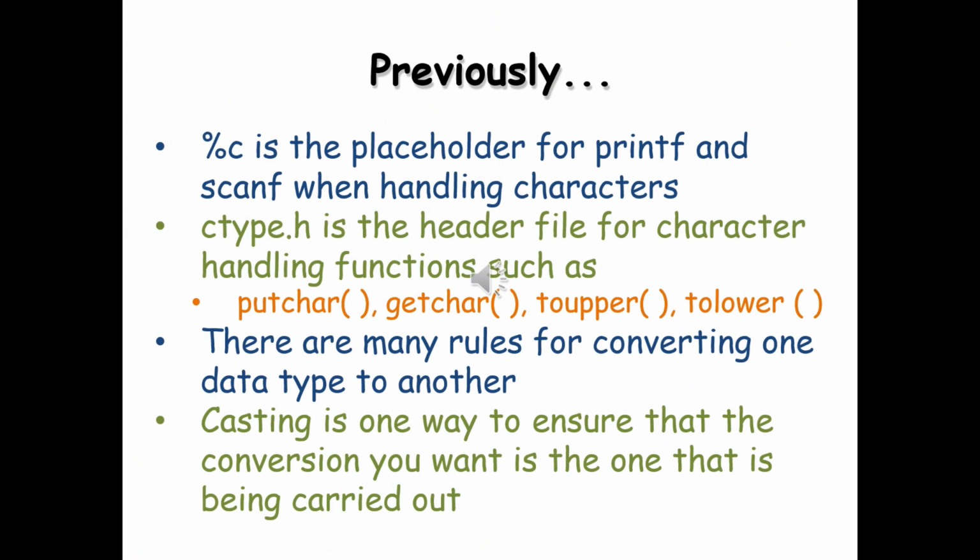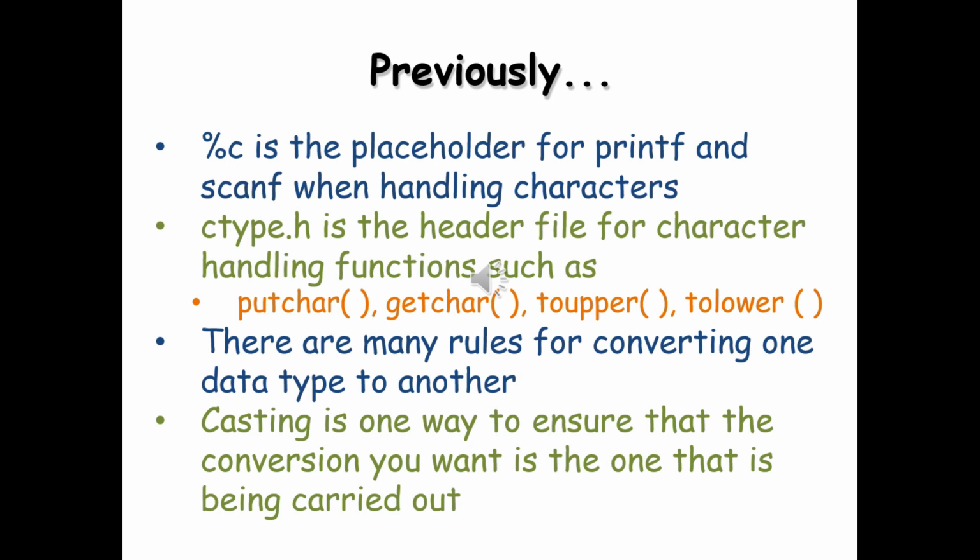And in the world of programming, characters are like the building blocks of words and sentences, just like how letters make up words in a language. So when we want to get a single character, we use the %c format specifier as our placeholder in printf and scanf. It's like saying, hey, we're dealing with a character here. Now, to help us work with characters even better, we have this handy header file called ctype.h.